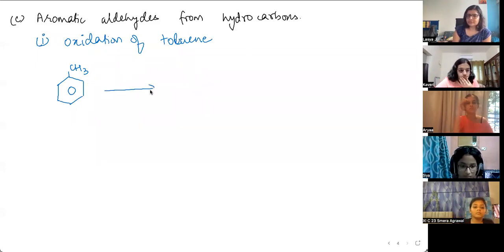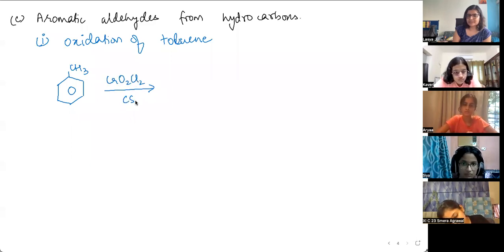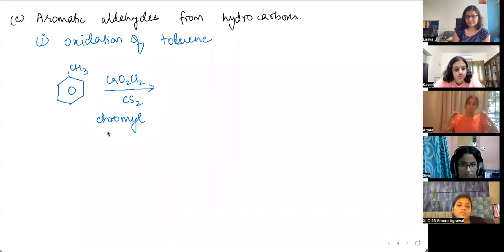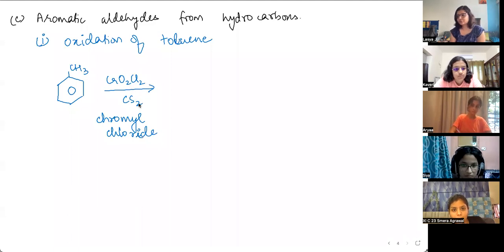So toluene on oxidation with CrO2Cl2. Do you remember this? Have you come across this reagent before? No? So this is called chromyl chloride. So chromyl, CrO2Cl2, chromyl chloride.